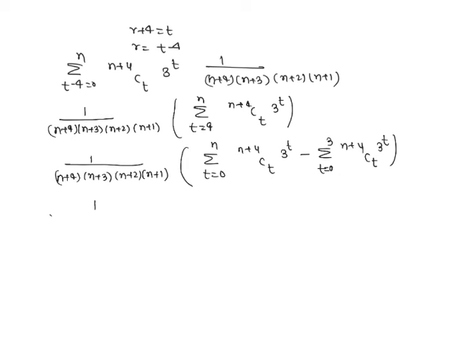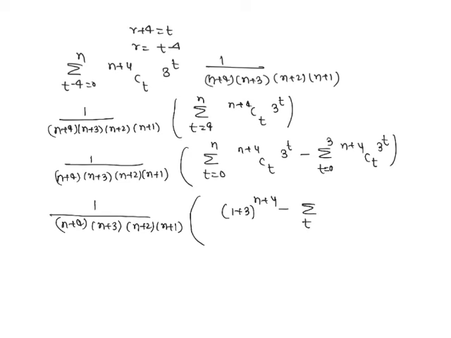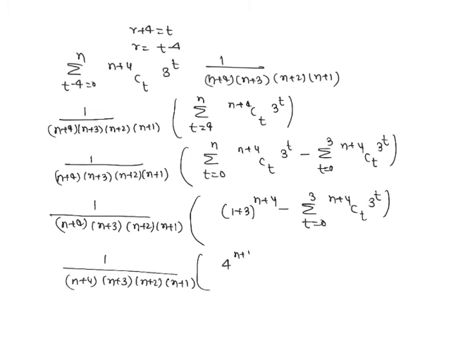So this we can write as 1 divided by (n+4)(n+3)(n+2)(n+1) into (1+3)^(n+4) minus the sum over t from 0 to 3 of C(n+4, t)·3^t. So this will become 1 divided by (n+4)(n+3)(n+2)(n+1) into 4^(n+4) minus the sum over t from 0 to 3 of C(n+4, t)·3^t. This is your answer.